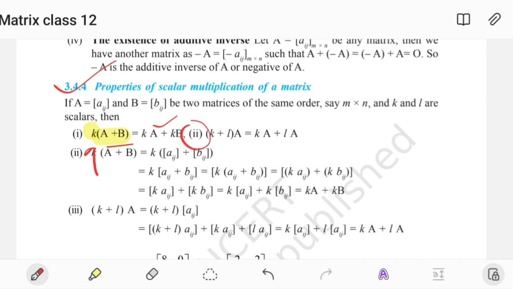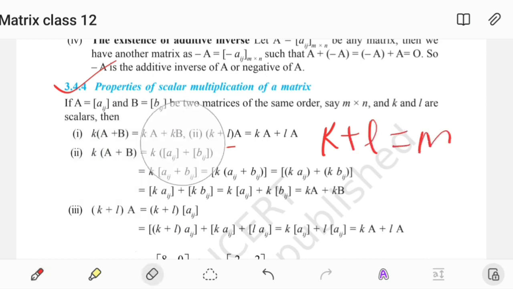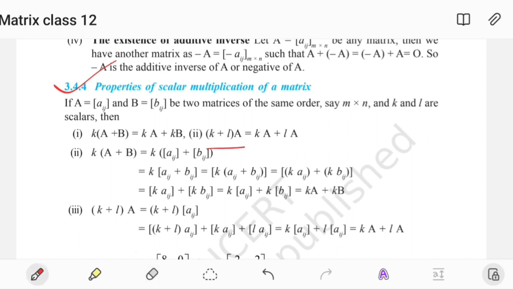Similarly, second, if we have two scalars k plus l, consider it as one scalar. Instead of two scalars, let's say my k plus l is some m. So what is written here is (k plus l) into A, which is nothing but m into A, right?